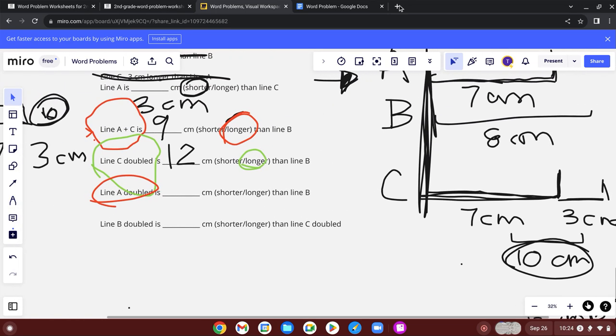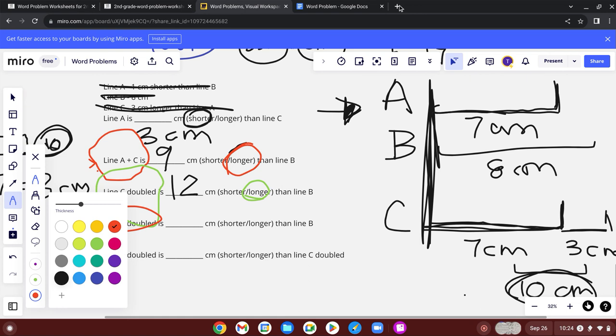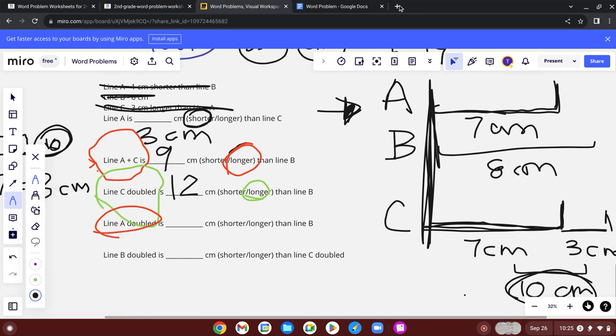2 more. See, this one and this one. You're getting the hang of it now. So now we'll do this. Line A double. So tell me what I should do, Trinity. You should add. First, tell me what you know about it.